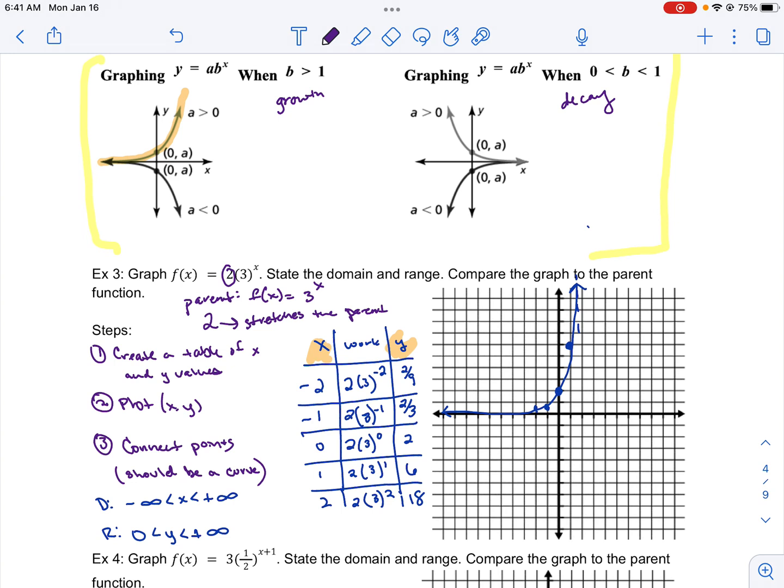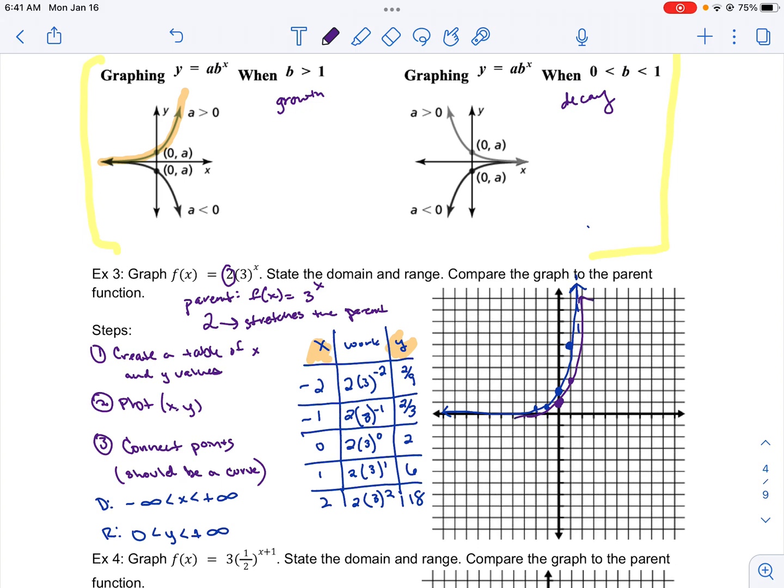Now, if you're wondering how I know that, you could create a table and do the exact same graph, just without the 2. So if I do it without the 2, here's kind of what it looks like on my graph.